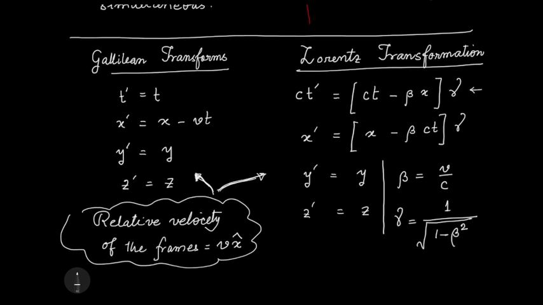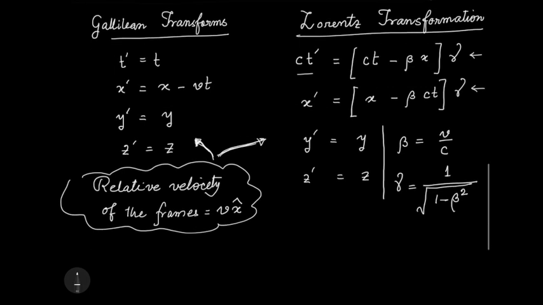Also, if you look at these two expressions, they look similar. So when I write the transformation for t, I write ct here minus beta of x here. When I write for x, I write x here minus beta of ct here. Easy to remember. Okay, fine. So that's the Lorentz transformation.